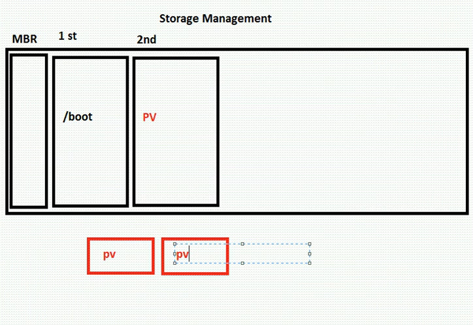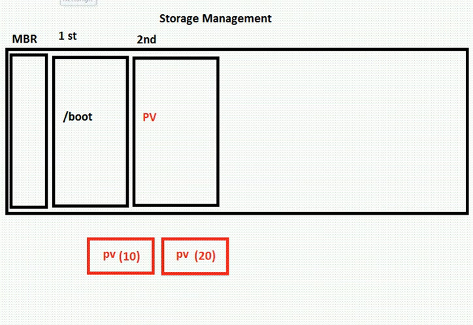So after initializing, the physical volumes are created. Let us say the size of the first physical volume is 10 gigabytes and the size of the second is 20 gigabytes, so the combined size is 30 gigabytes.